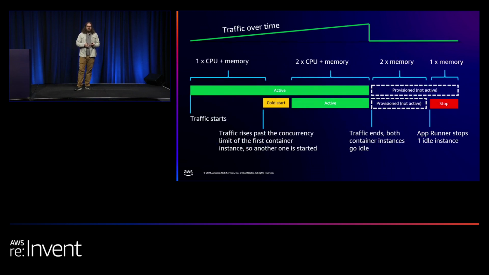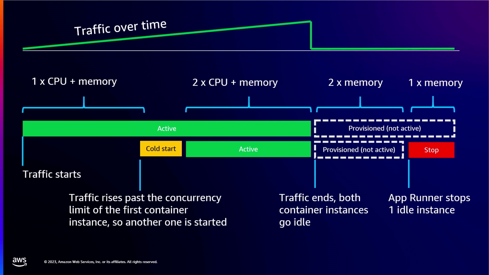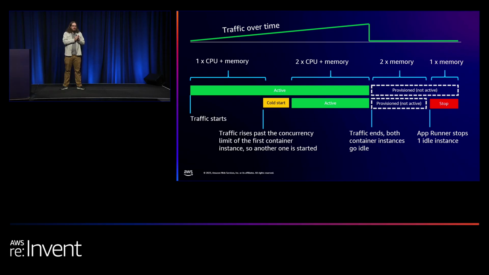So here's how this works alongside scaling, and I want to show how the pricing model works as you are scaling and then scaling back in. Here we see traffic rising over time, and then at a certain point the traffic ends and there's no more traffic. As the traffic rises, App Runner scales out to 2 concurrent application instances.